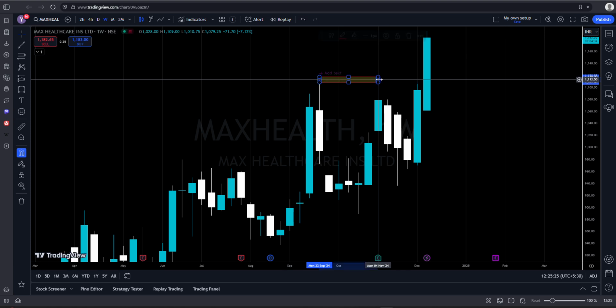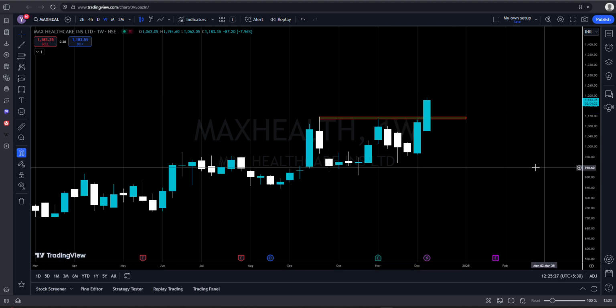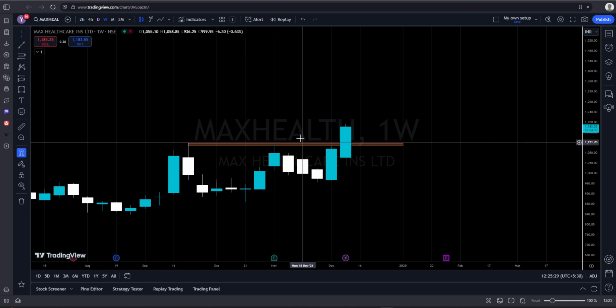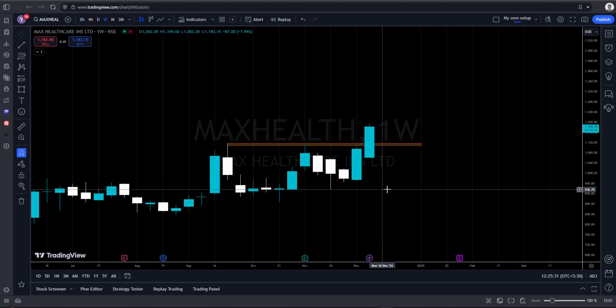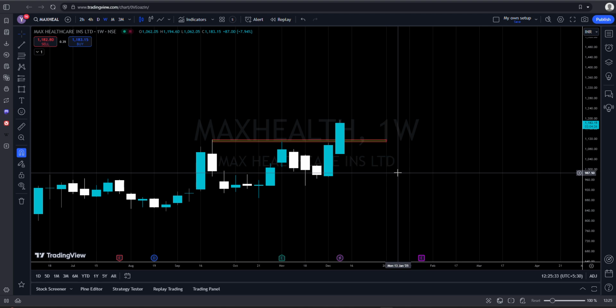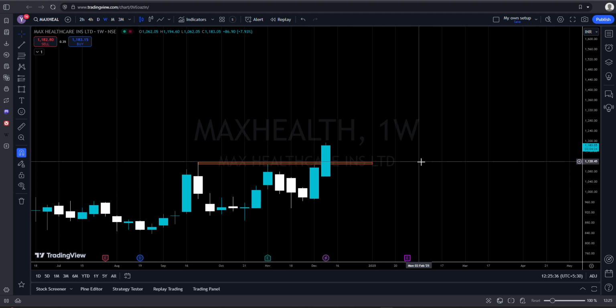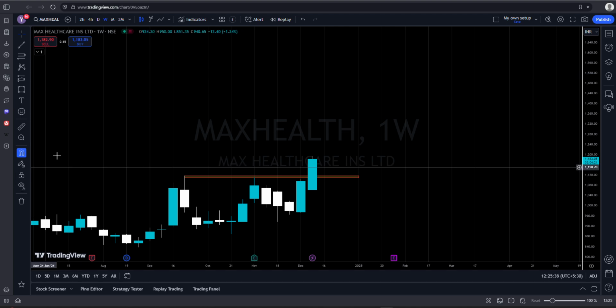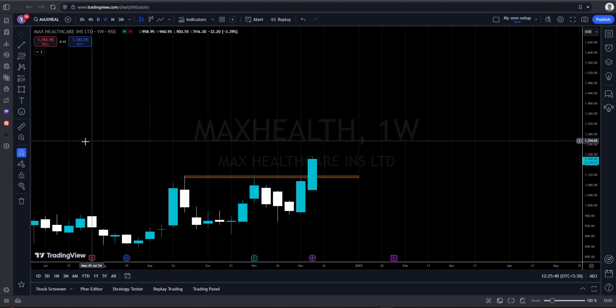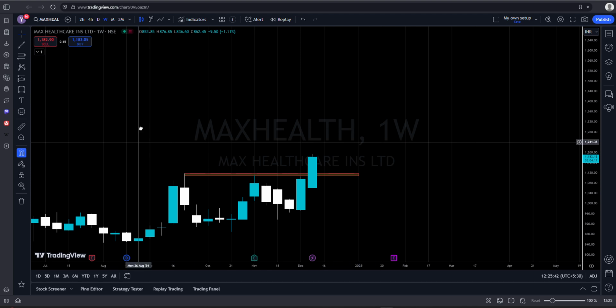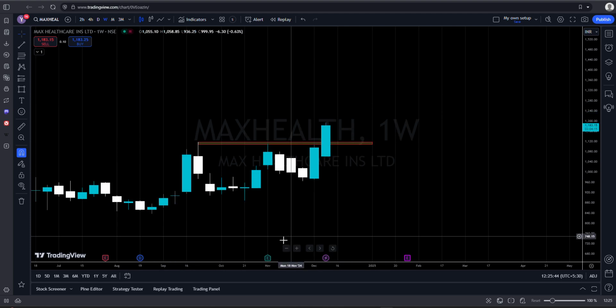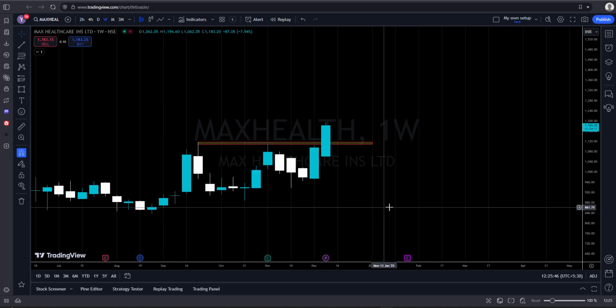You have to wait for a complete weekly candle to close above this line. Once it closes, that's all. Sky is your limit. It means the stock has some potential and it's about to give a breakout.